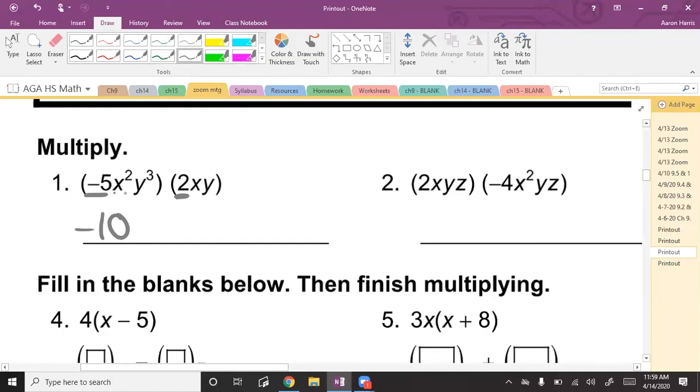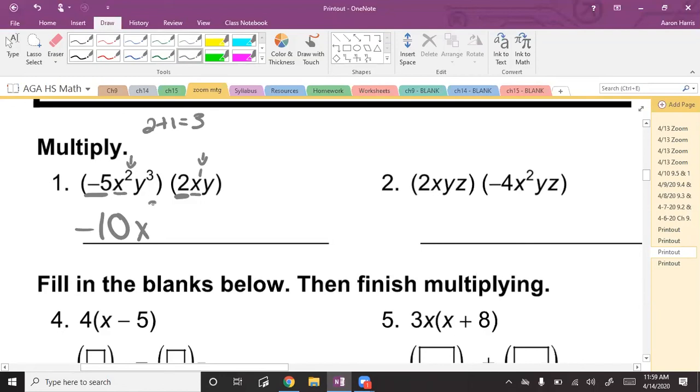Then I have an x and an x. This is to a power of 2. What's the power for this x? It's a 1. What do I do with the powers when I multiply them together? I believe you're adding them. Yes. So it's 2 plus 1. What's 2 plus 1? 3. So I get x to the what?